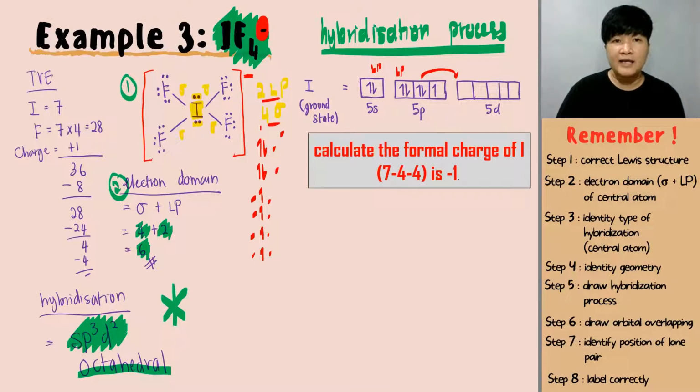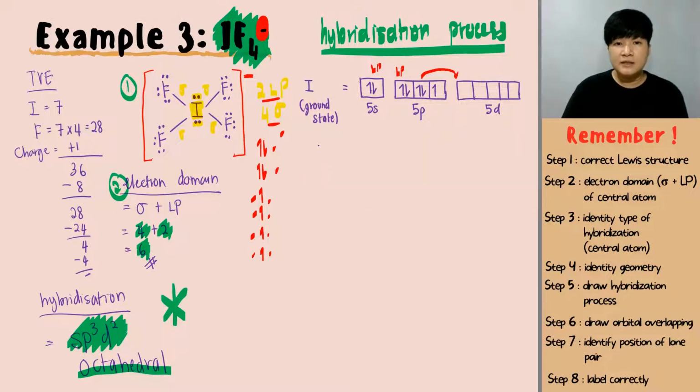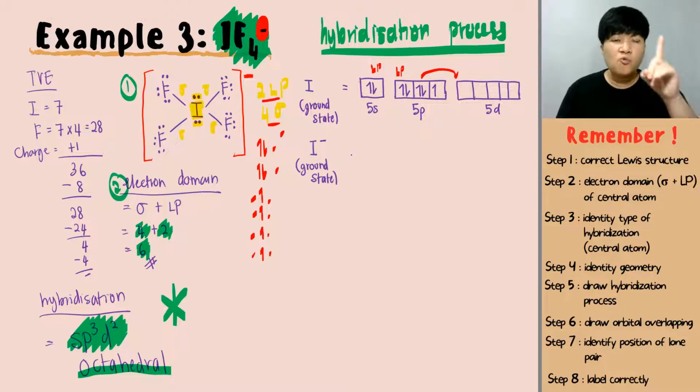Looking at IF4 minus over here means your iodine in this question is not a neutral I. Your iodine in this question is an I minus. In other words, we need another ground state, the I minus ground state. But what makes your neutral iodine and your iodine minus different? 1 more extra electron.